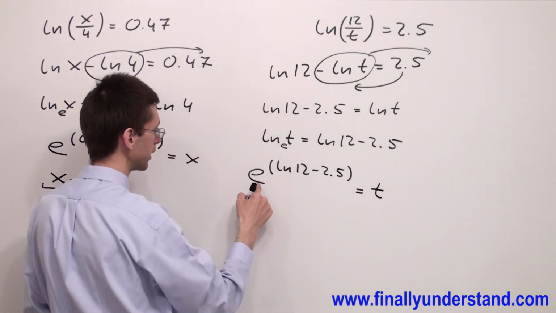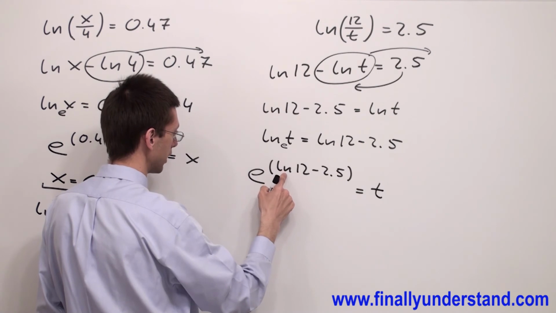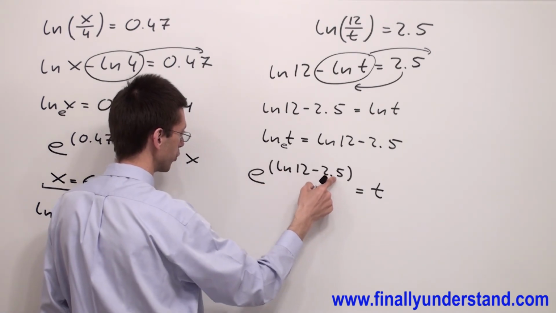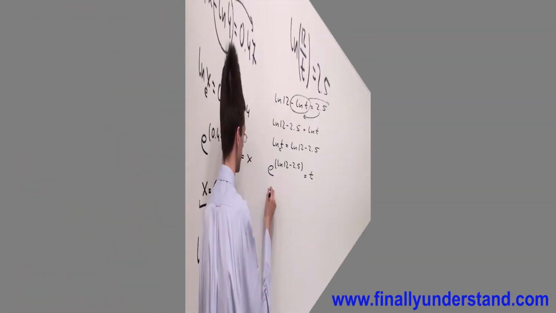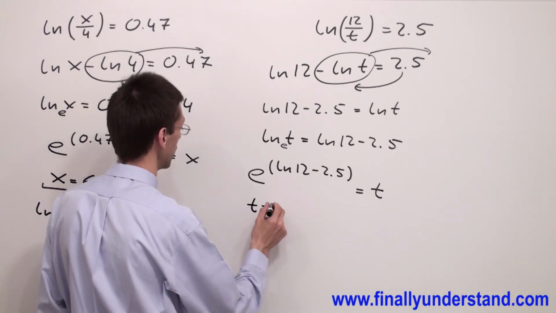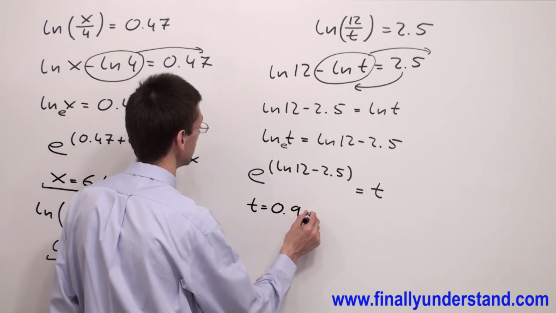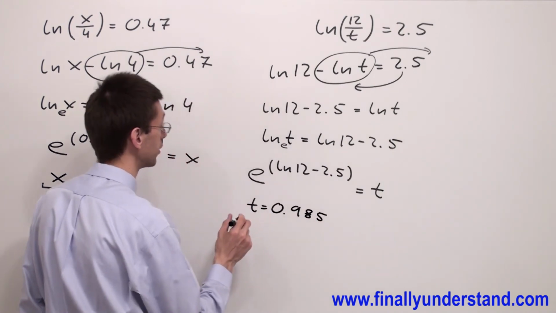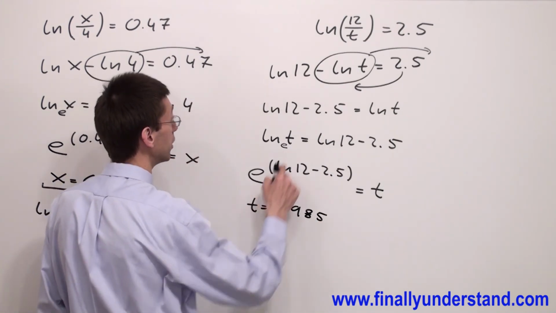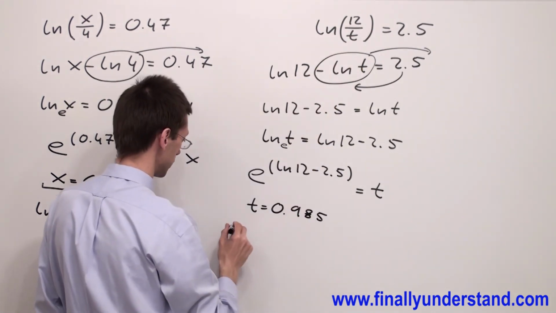If you are going to plug in e to the power of ln 12 minus 2.5 inside of the parentheses into the calculator, you are going to have t is going to be equal to 0.985.